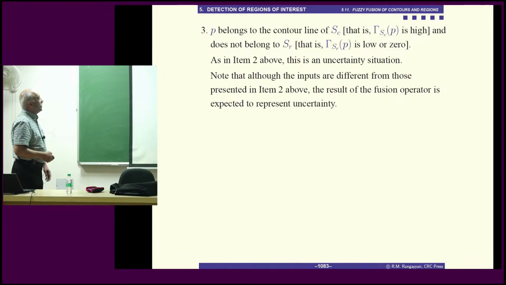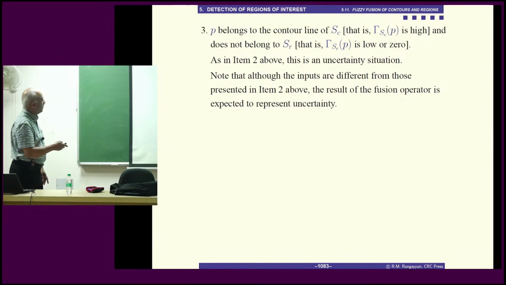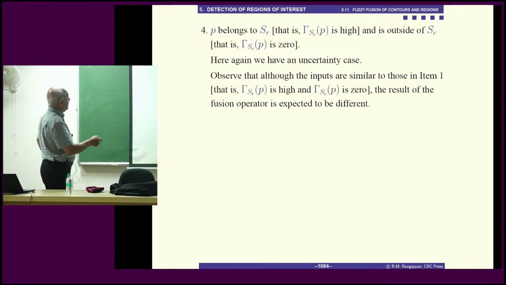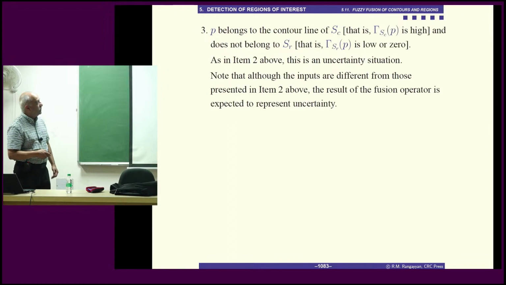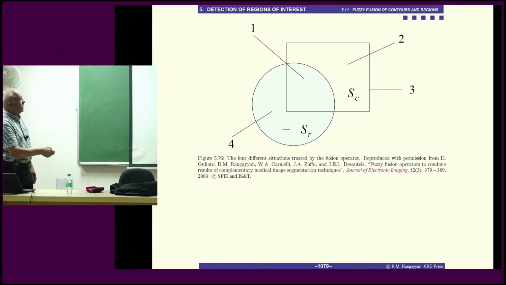Third, P belongs to a contour line of SC and does not belong to SR. Then this is also uncertainty. The fourth one, P belongs to the region with high membership but is outside the contour. So this is also uncertainty. So going back to that picture, we have these 4 situations. Certainty here, the others are uncertain. Here we are on the contour, but the region doesn't include that.